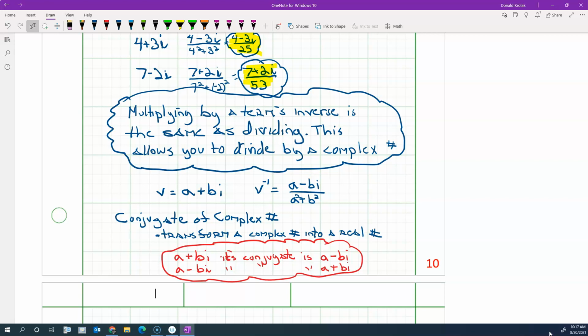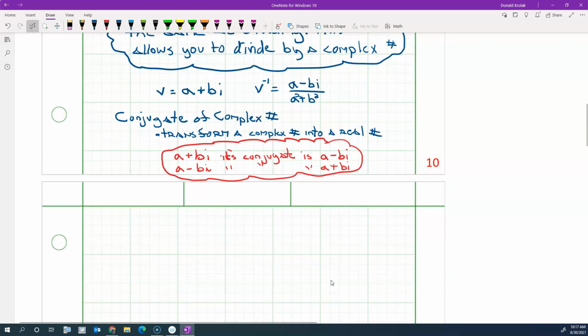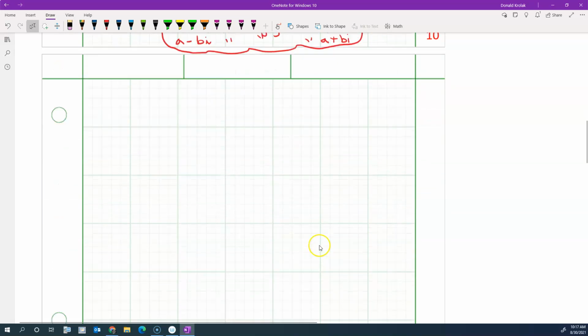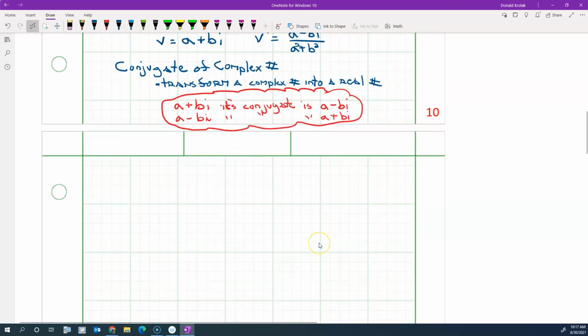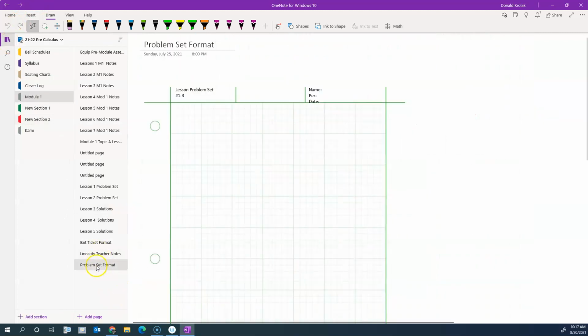What your assignment is on here, guys, we'll just do this on a sheet of paper. You don't have to do it digitally. So on whatever you're doing it on, how did we do this? Problem set format. Okay, so you're going to put on a sheet of paper.